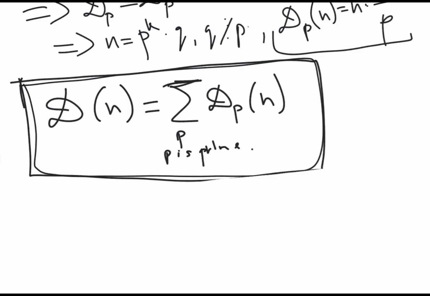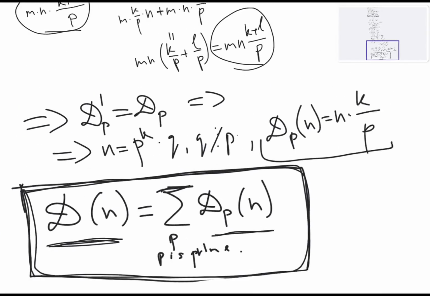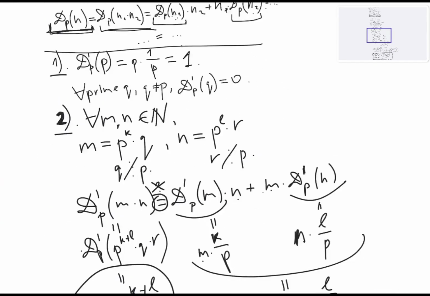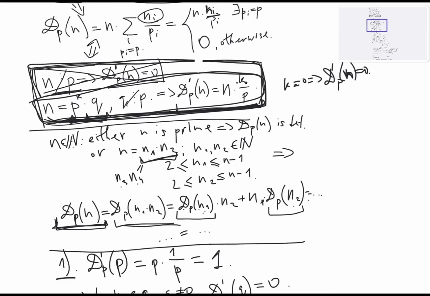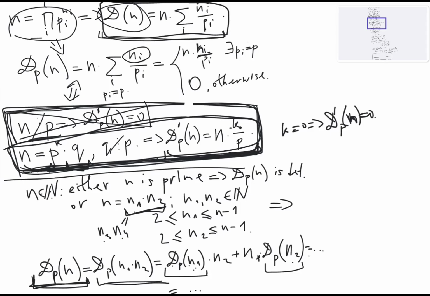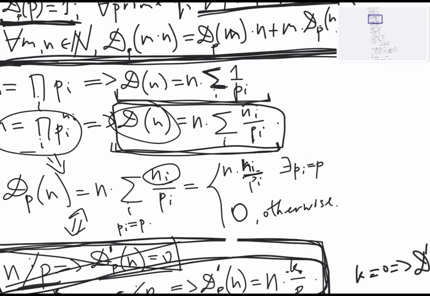Okay, so we have this formula, and to prove it, we take the formula for the partial arithmetic derivative, and for the full arithmetic derivative we take this formula.